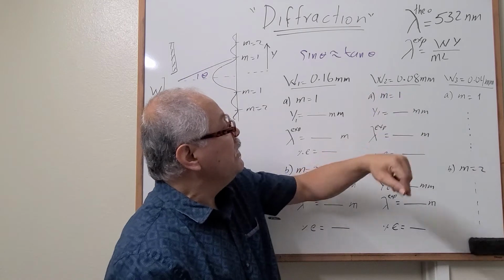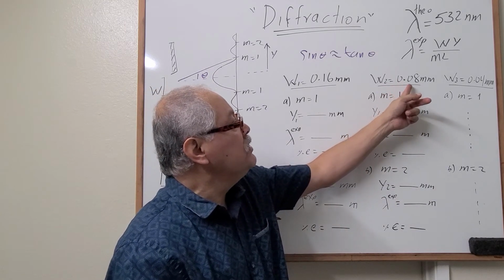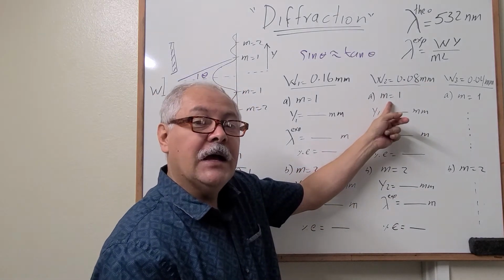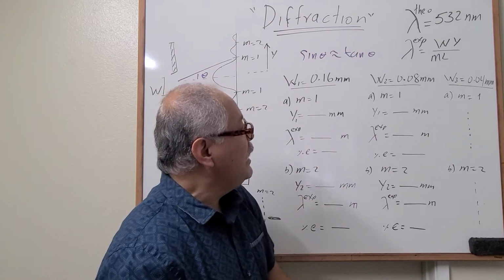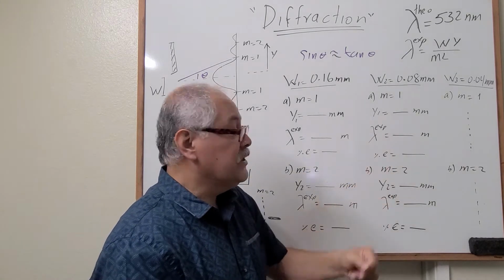Let's go to the other case where we have the width, the opening, equal to 0.008 millimeters. The same thing. Let's take the case where M equals 1. Find the distance Y1, find the experimental lambda, find the percent error.